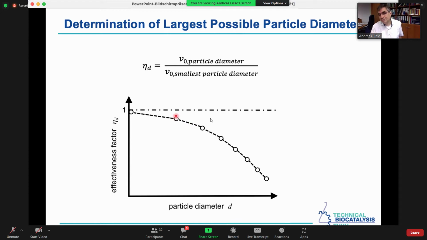You don't need so many points, just 3 points will do. Here is the particle diameter you bought; now you grind it and make sure you have roughly equal particle diameter fractions, run them in the reactor, and see whether there is a difference or not. Then you know if you need to buy or modify the particle diameter.